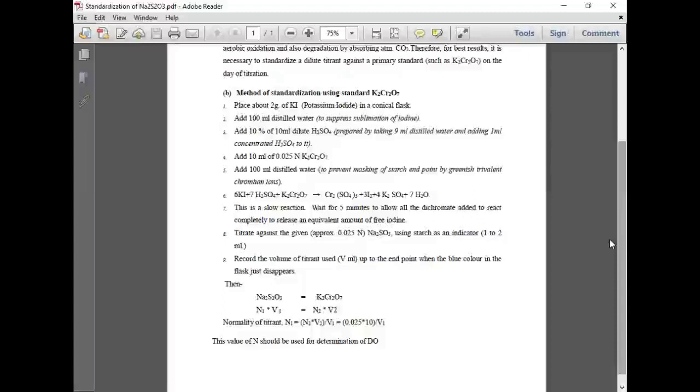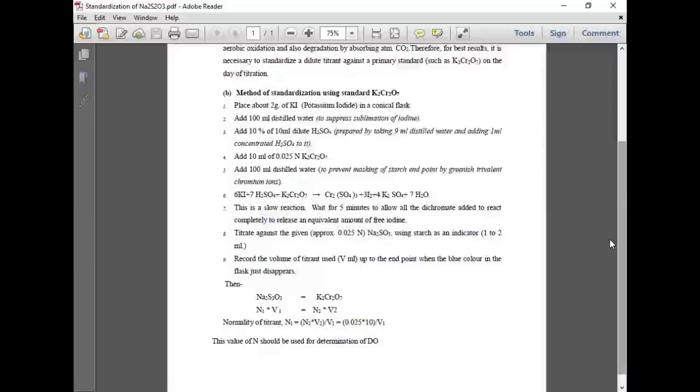We already have the values of N2, that is 0.025 normal, V2 that is 10 ml, and V1 that is the volume of titrant required. We are going to find out the value of N1 by using the formula N2 into V2 divided by V1, which is equal to 0.025 into 10 divided by V1.